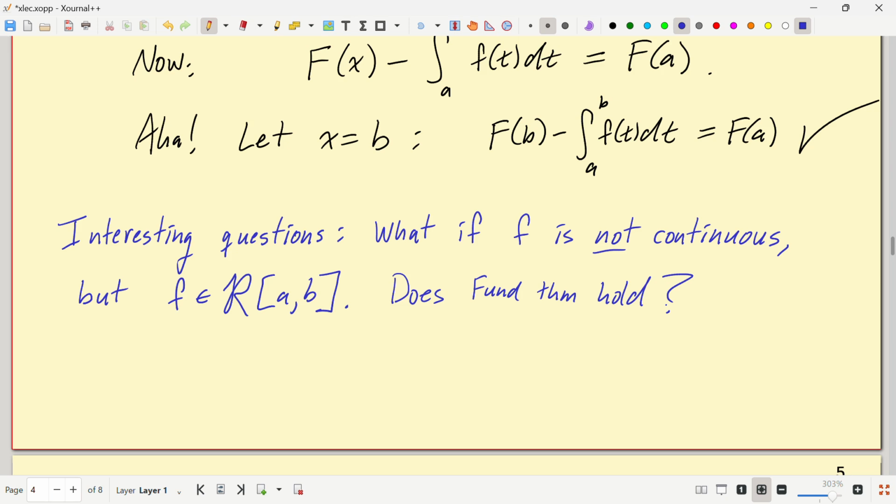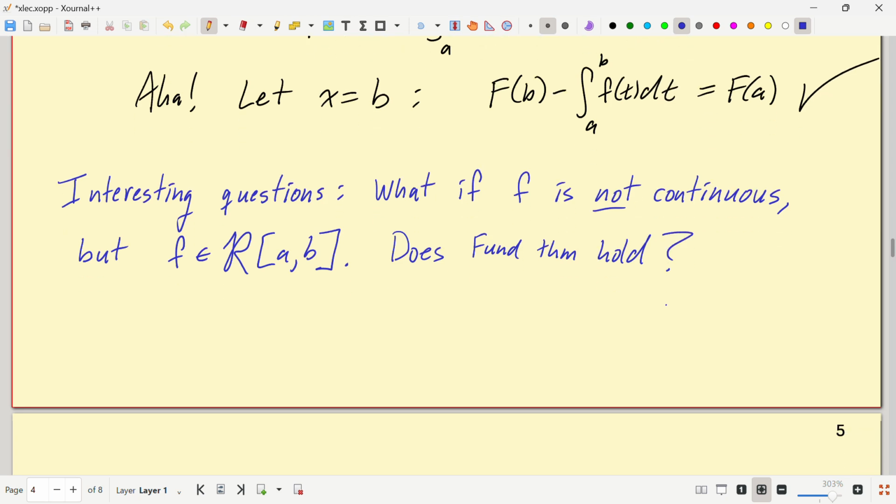Let's see. That's one interesting question. Another question is, if f is Riemann integrable, is its absolute value Riemann integrable?